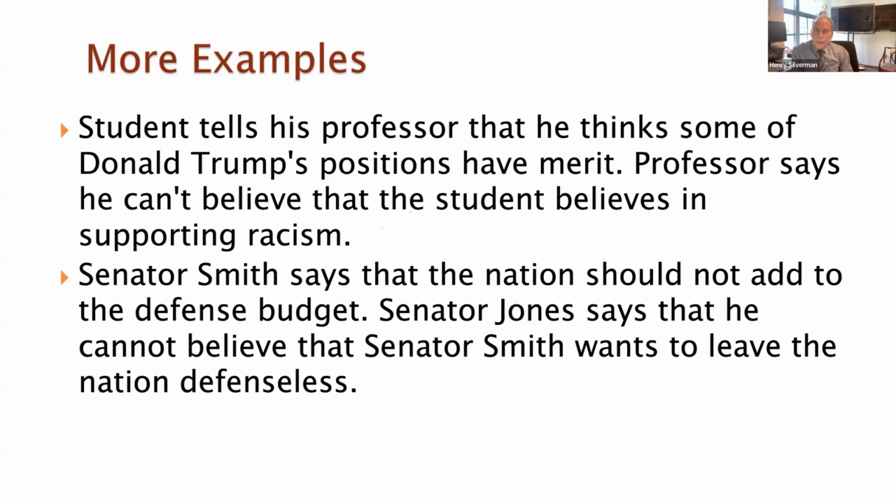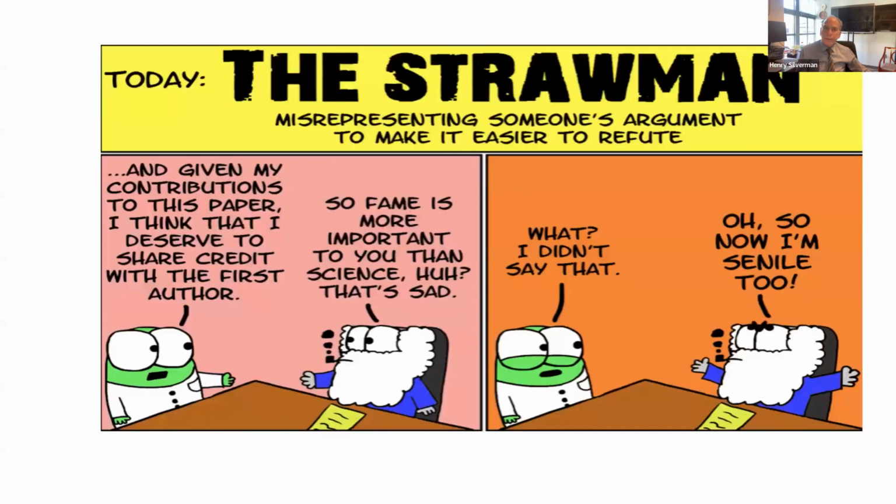The professor is trying to negate what the student thinks, that Donald Trump's positions have merit, by substituting racism: he believes in racism, and therefore you can't believe Donald Trump's positions have merit.